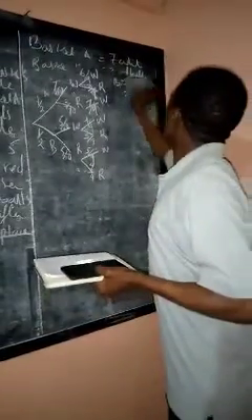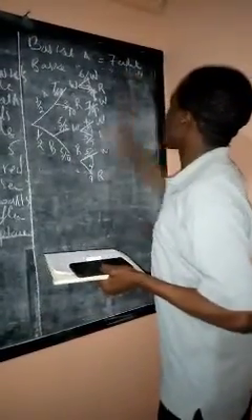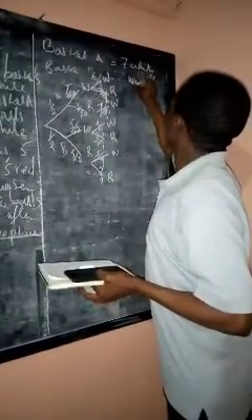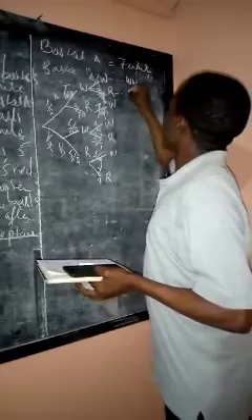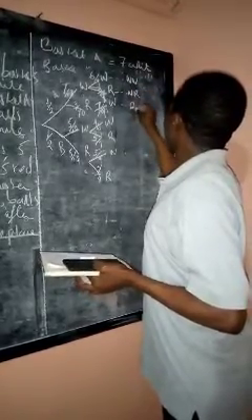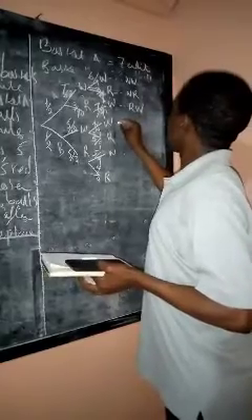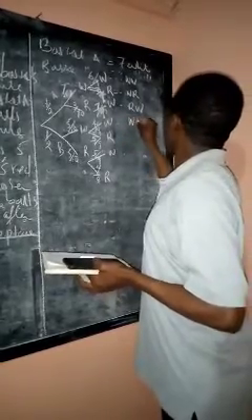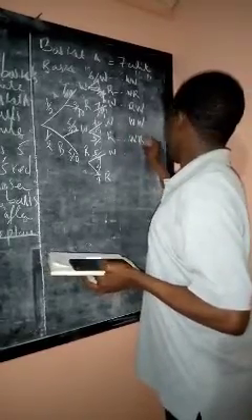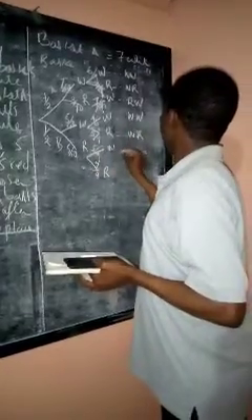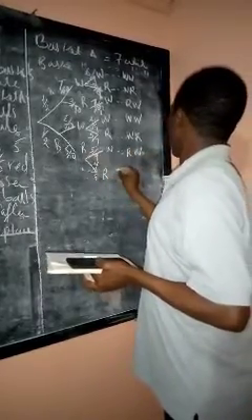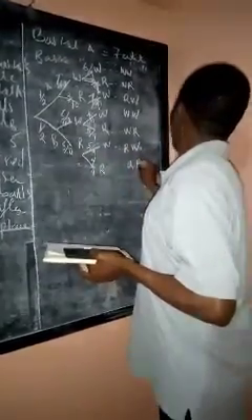Then from this point, we can answer different questions, because this shows the probability of having white-white, white-red, red-white, and red-red.